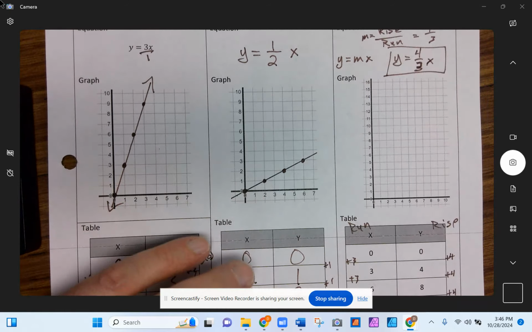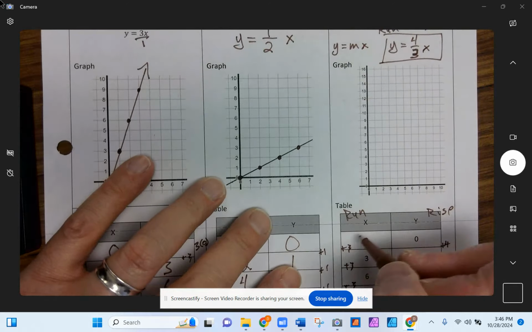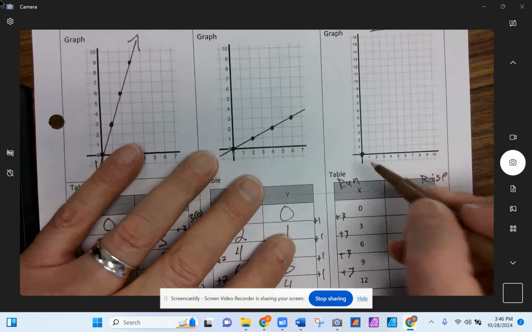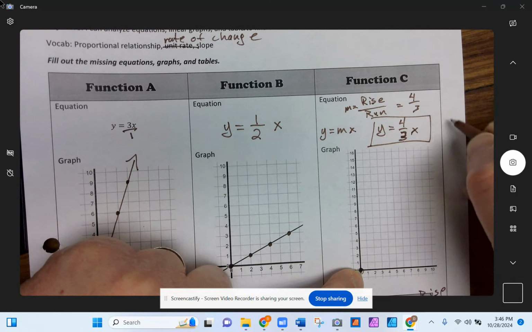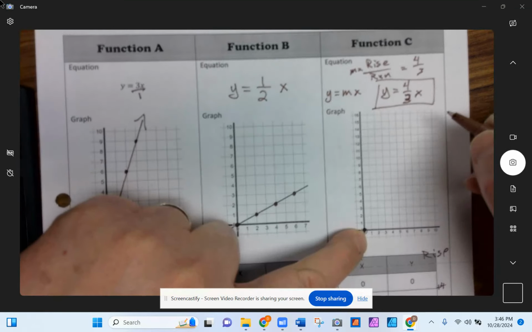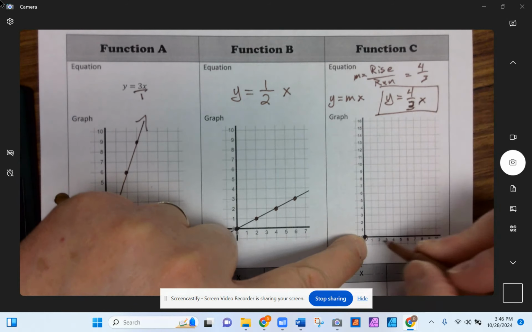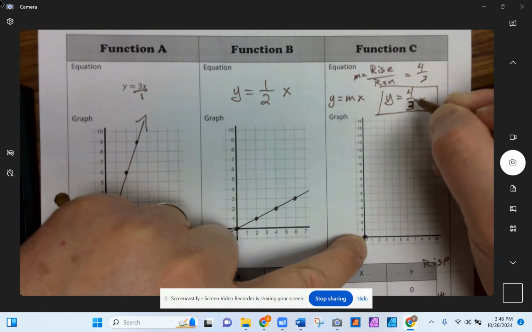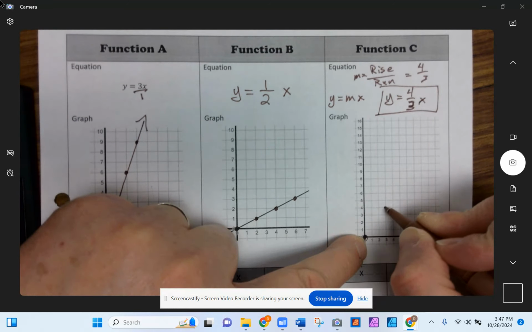Now we're going to generate our graph from the table. We're not adding anything to it, and we know that it goes through 0, 0 right here, so it's proportional. So we're going to start right here. Okay, that's our starting point. You can imagine that there's an invisible plus 0 right here. And so what we do is we go up by 4, because that's our rise, and right by 3, because that's our run. We're going up because this is positive. Okay, so 1, 2, 3, 4, and then over 1, 2, 3.